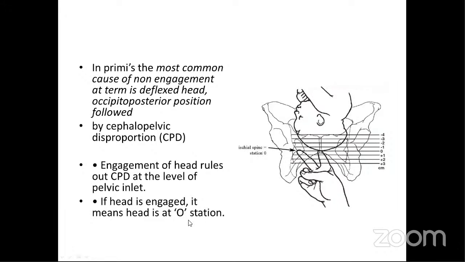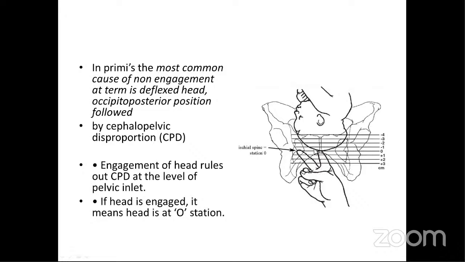Now, this is another concept. The descent of the fetal head is always measured in terms of a certain standard level, that is the level of the ischial spines. The plane of the ischial spines is considered to be zero station, and anything above that is called minus 1, 2, 3, and 4, and anything below that is considered plus 1, 2, and 3.